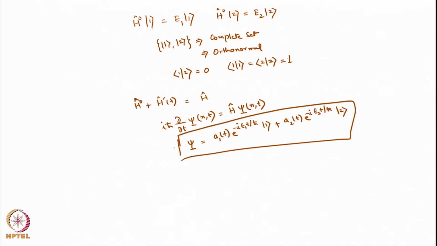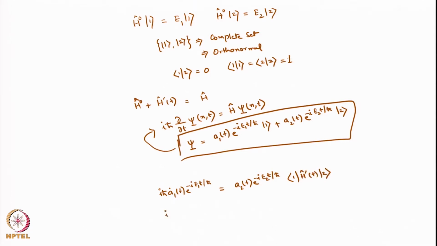Now, by plugging the psi in the Schrodinger equation, we ended up with the following equation after doing some amount of algebra. i h bar A1 dot of t e to the power of minus i E1 t by h bar is equal to A2 of t e to the power of minus i E2 t by h bar integral of 1 H prime of t 2.